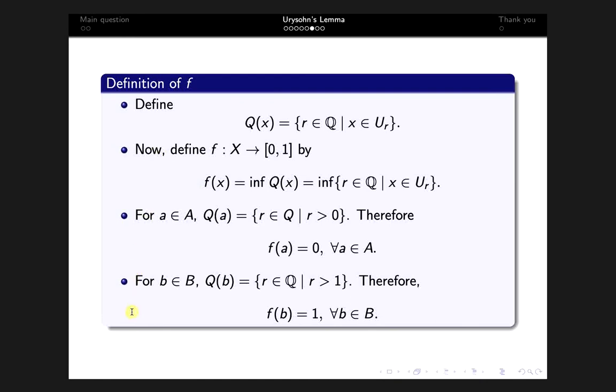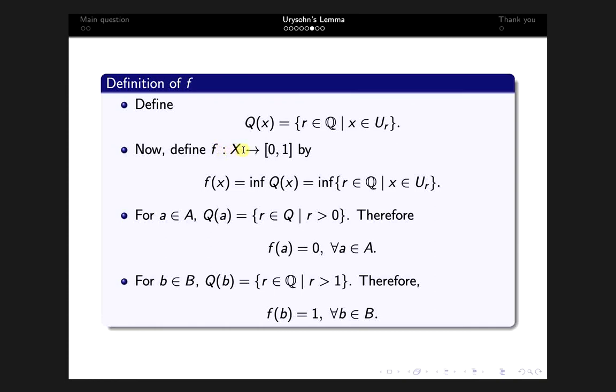So now what to show? We have to show that f is continuous. Once we show that f is continuous, then we can conclude that f is an Urysohn function separating A and B. So f is a function.